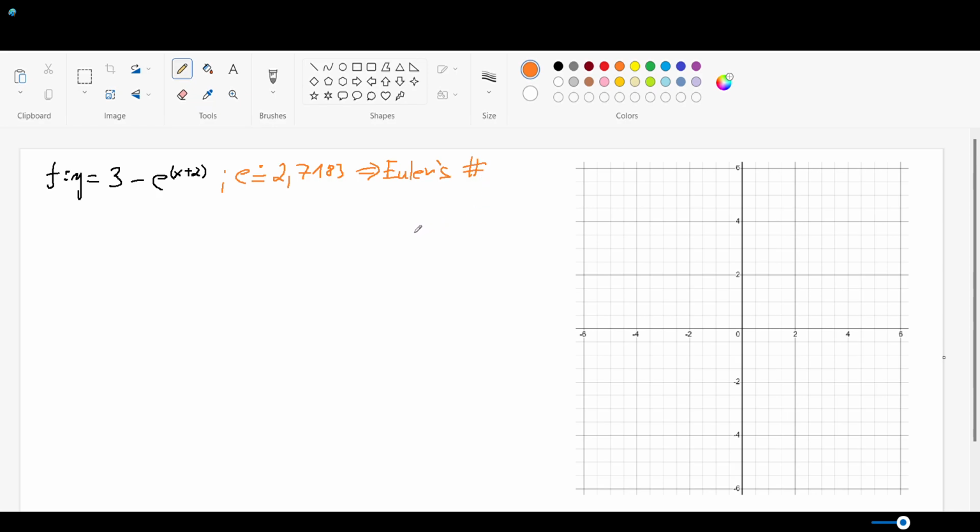I'm not going to talk about why this number is special, and so on and so forth, but for now it's enough if you realize that if you write e, then it means you calculate with Euler's number, whose value is approximately 2.71 or 2.72. It depends on how many decimal places you need for your calculation. So this is a quick intro.